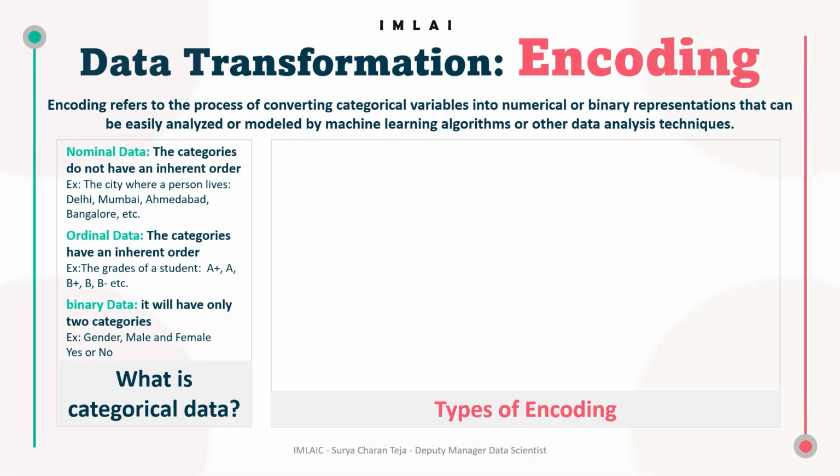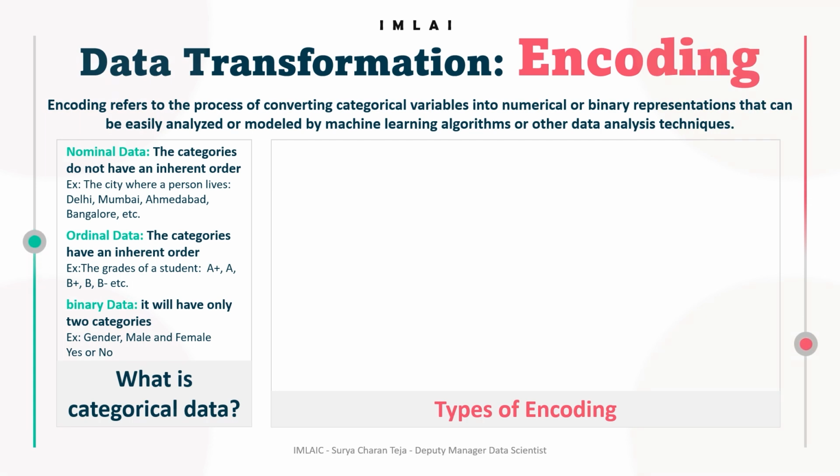Now let's look into what encoding is, then we will see the various types of encoding. Encoding refers to the process of converting categorical variables into numerical or binary representations that can be easily analyzed or modeled by machine learning algorithms or other data analysis techniques.